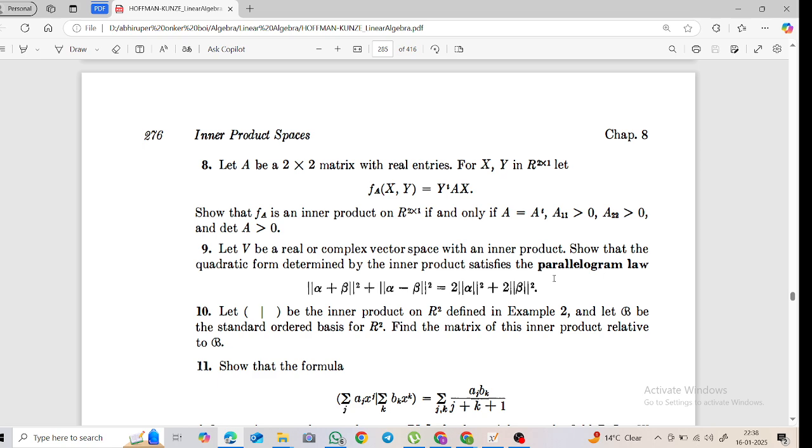Let V be a real or complex vector space, an inner product space. Can you do 9? Any one of you?